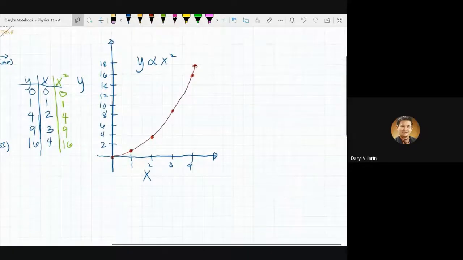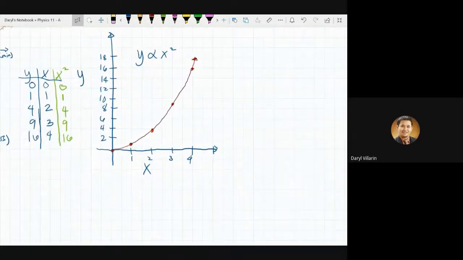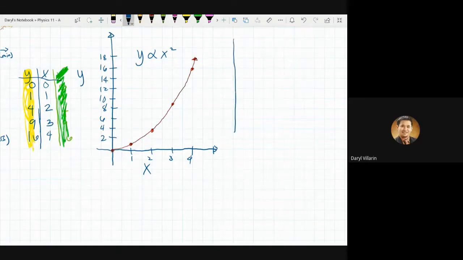So again, I'm not changing my value of y. It's the same thing. So I'll be plotting these two here. So same value of y, but I'm changing the value of x. So again, this is now x squared, this is y.